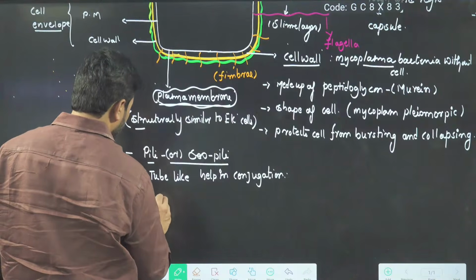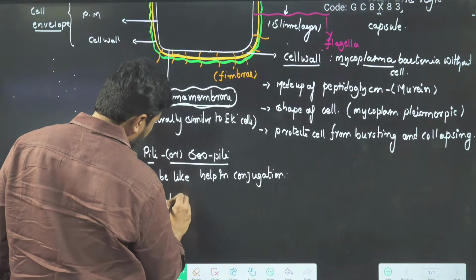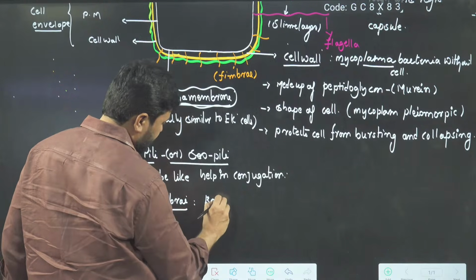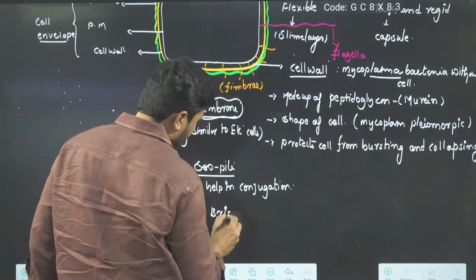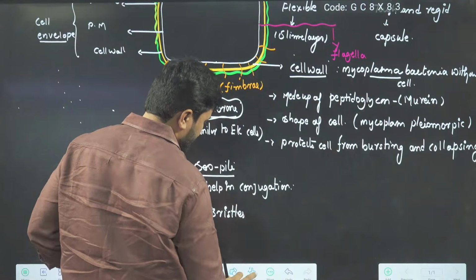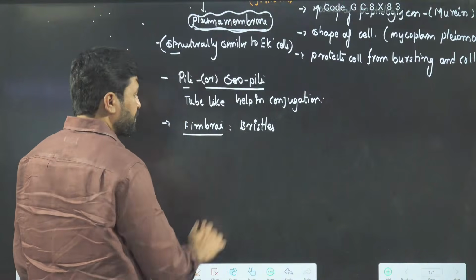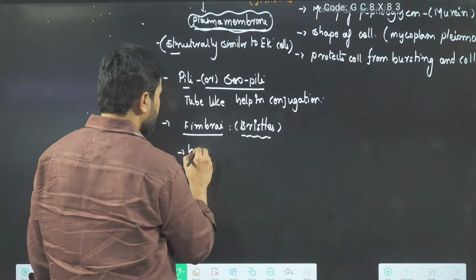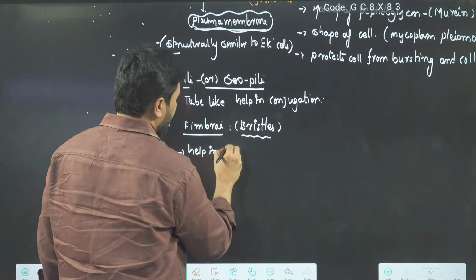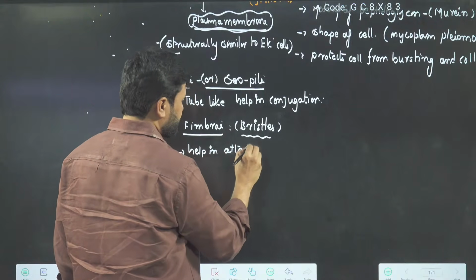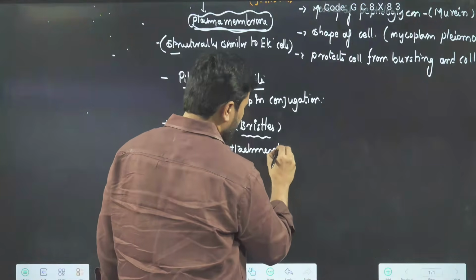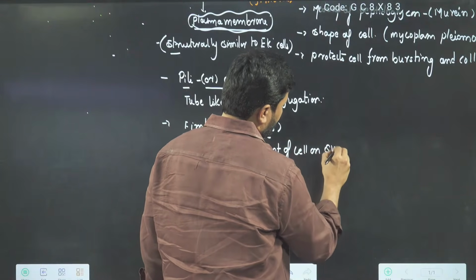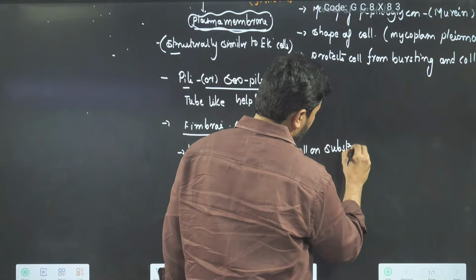Next one is fimbriae. Fimbriae are bristle-like structures. Bristles means small hair-like structures. What work do the bristle-like fimbriae do? They help in attachment of bacteria on a solid surface or on a substratum.